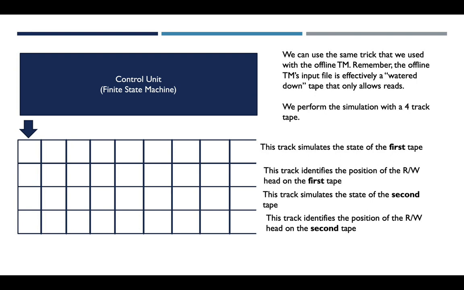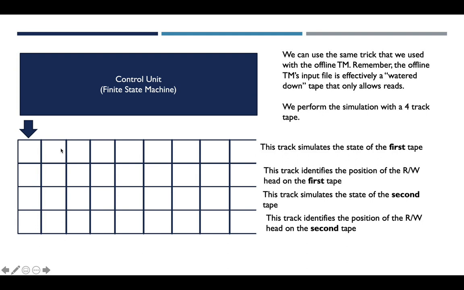So what we're going to do is split the 2 tapes for our multi-tape machine into a single tape with 4 tracks. The first track at the top is going to simulate the state of the first tape. Each of the symbols is going to be represented on this first track.